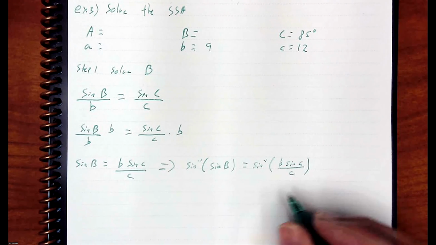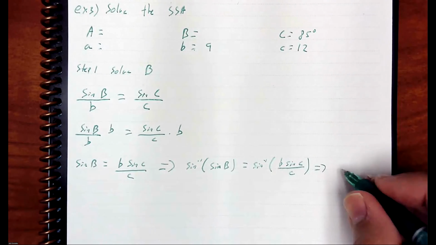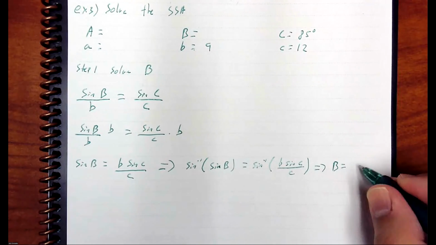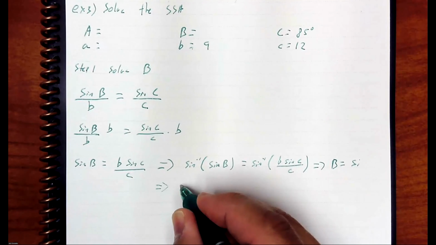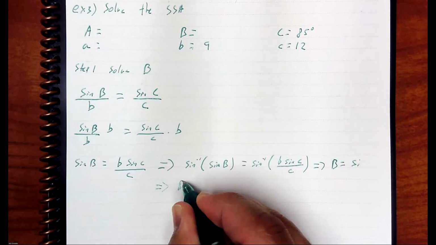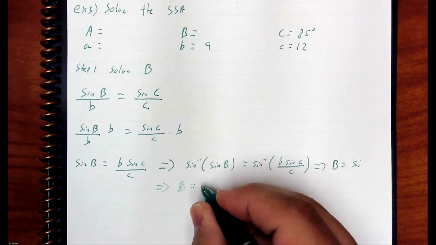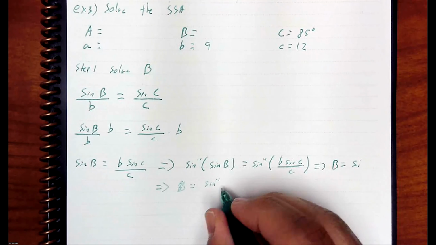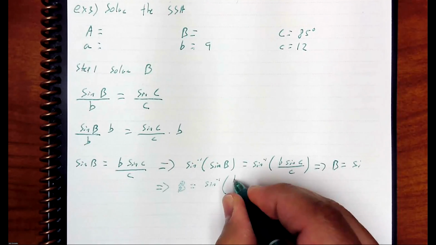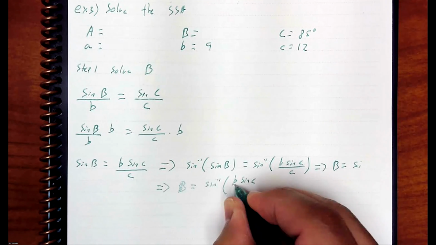So capital B is equal to, well, you know what, I don't have space there. Capital B is equal to sine inverse of b sine C over c.